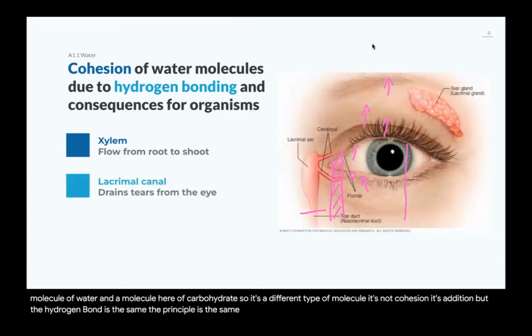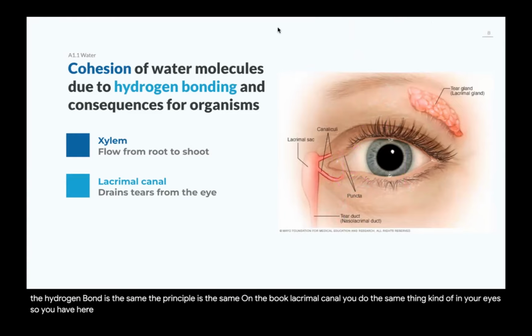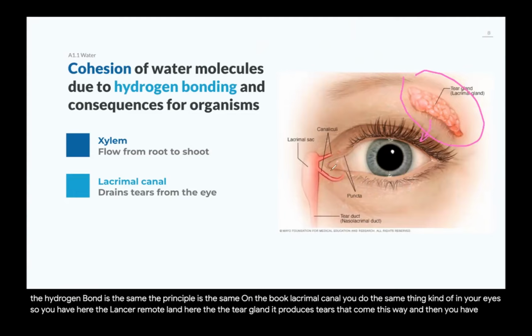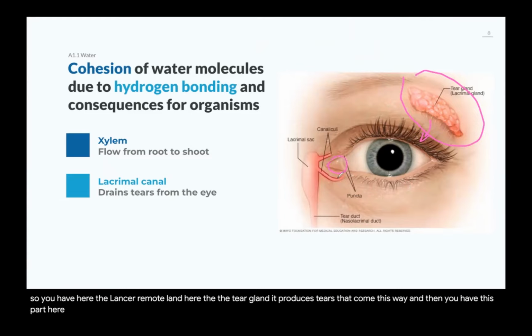What else? Examples that are not in the book. Lacrimal canal. You do the same thing kind of in your eyes. So you have here the lacrimal gland, the tear gland. It produces tears that come this way. And then you have this part here of your eye.